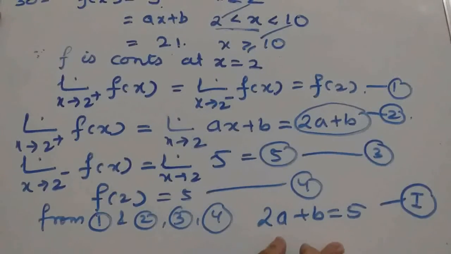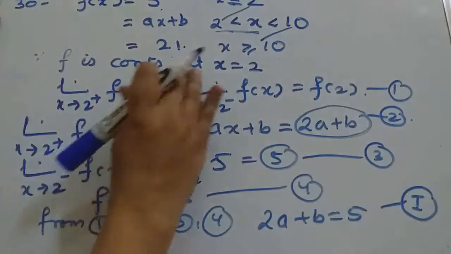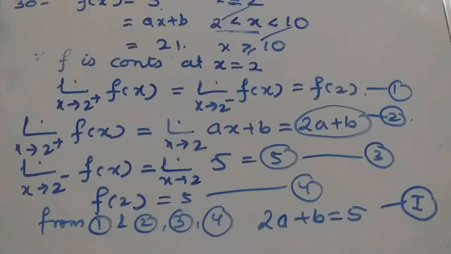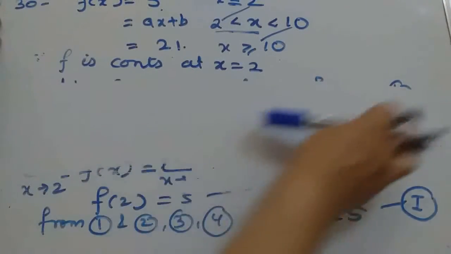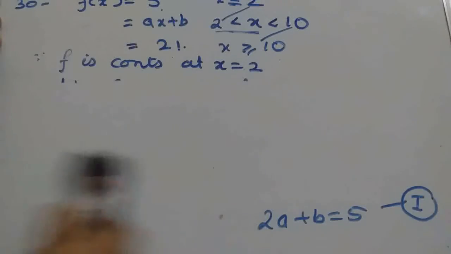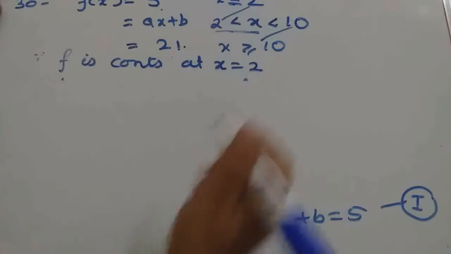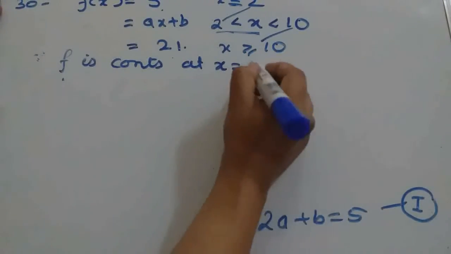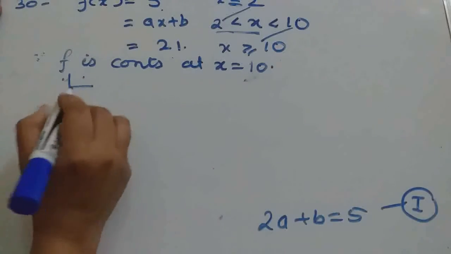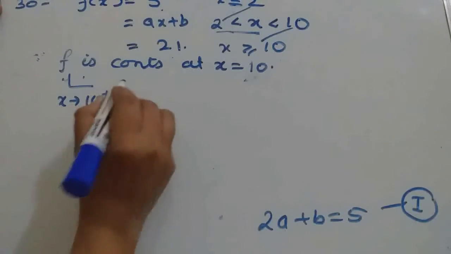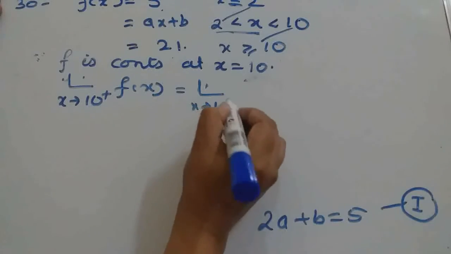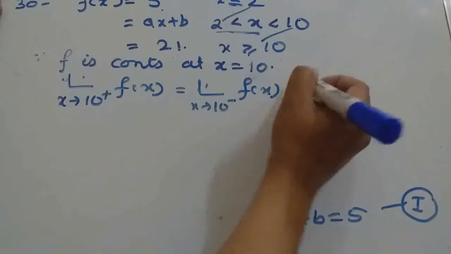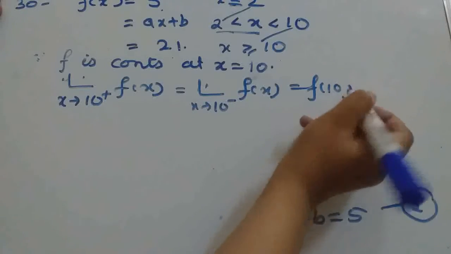Now we will consider f is continuous at x equal to 10. Again we will get one equation here. That means the limit as x tends to 10 plus is equal to the limit as x tends to 10 minus, which equals f of 10.